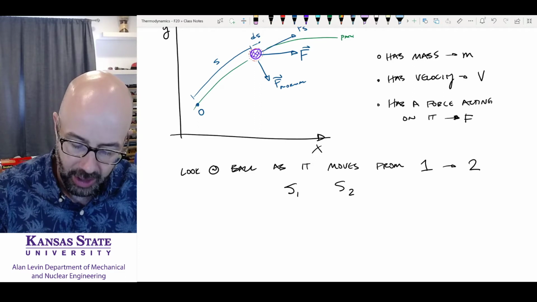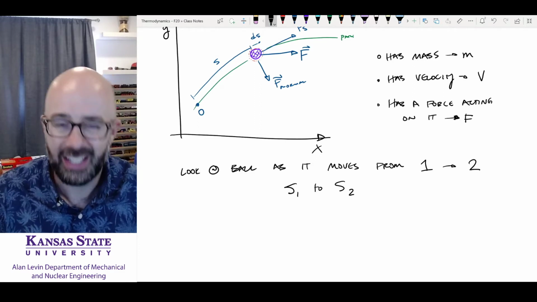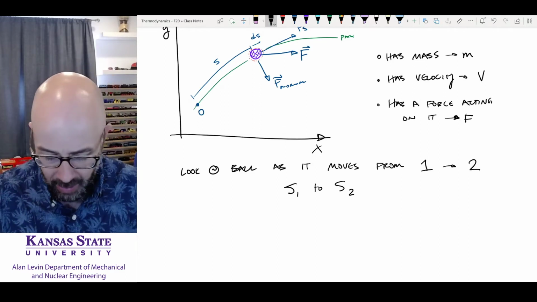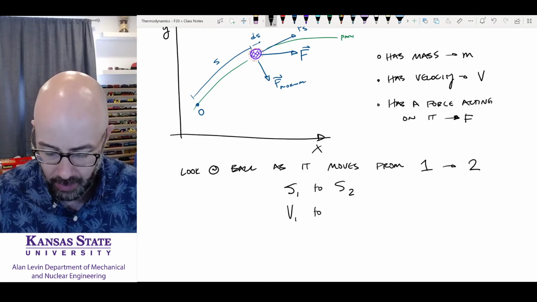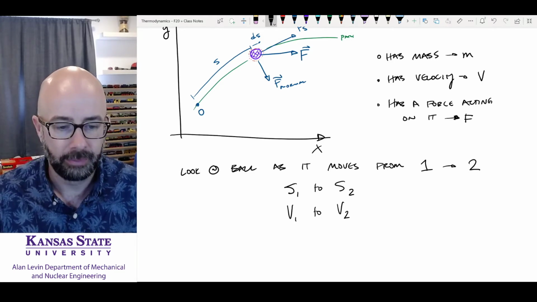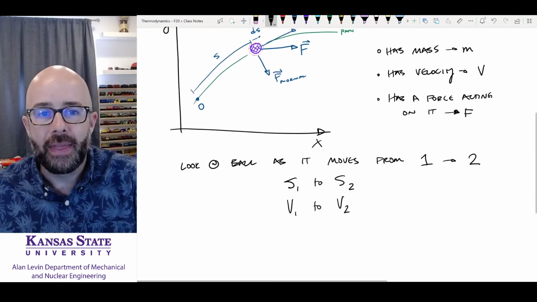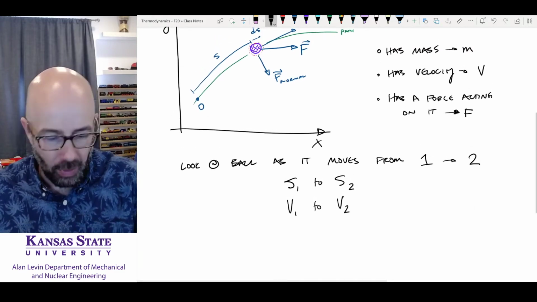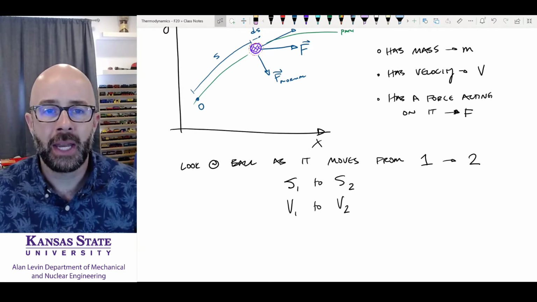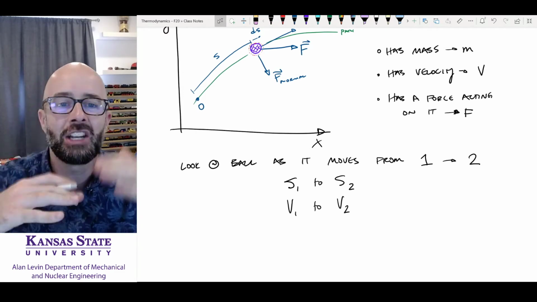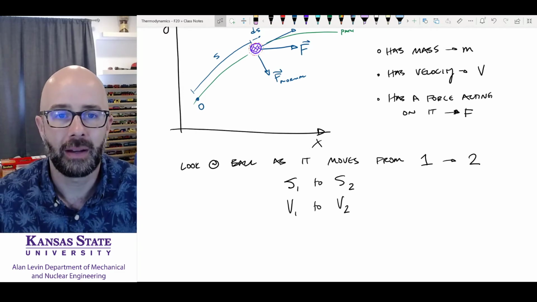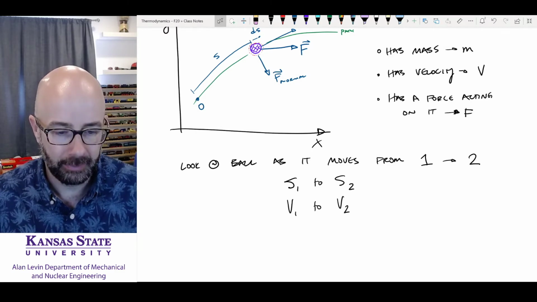We're moving from position S1 to position S2. And let's just say there's a velocity change, velocity 1 to velocity 2. Now, gravity is also acting on this, but we're going to look at that separately. We've purposefully done it on the plane of the table, so there's no potential energy effects here that we're going to be deriving in a little bit.